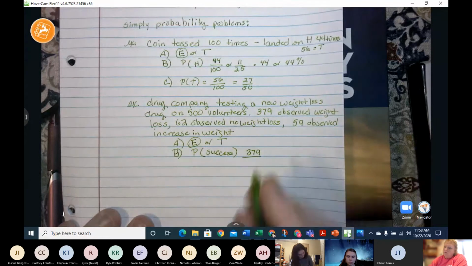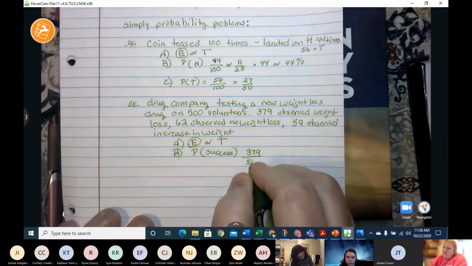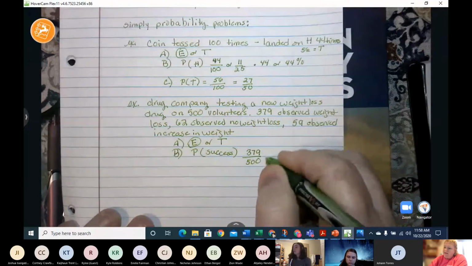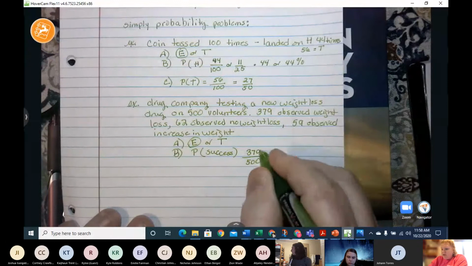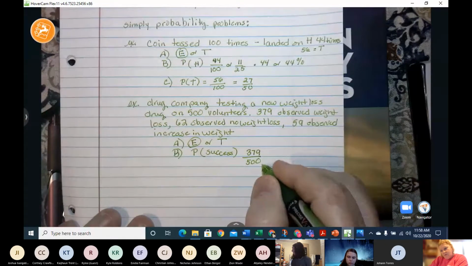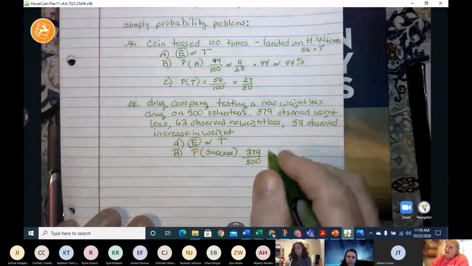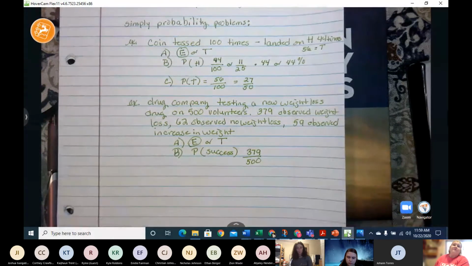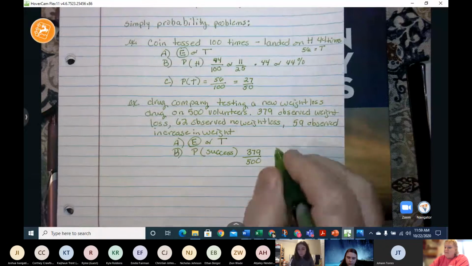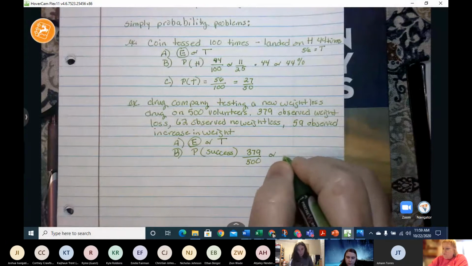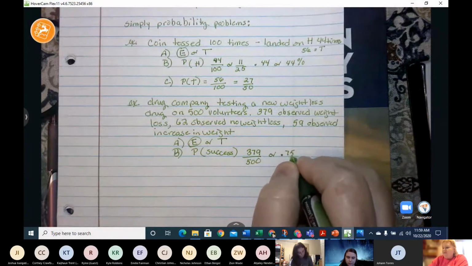What was that total? That was 500 volunteers. So my probability is how many could over how many total. I can't reduce that fraction, so that would be my final result, but I can change it to a decimal, which would be 0.758.